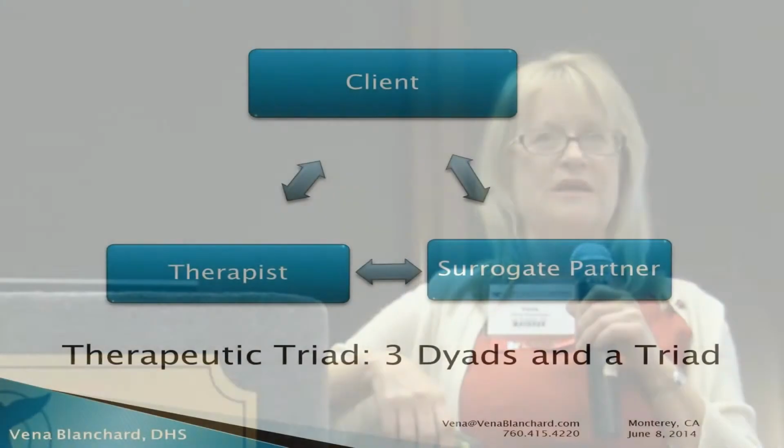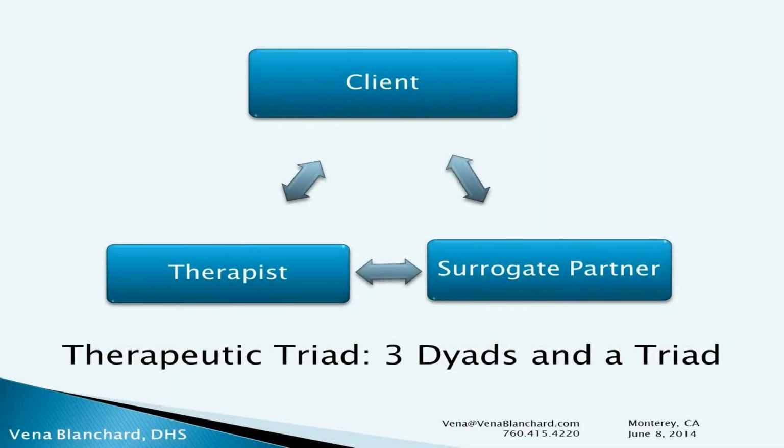Client contacts therapist, and if appropriate, the therapist refers the client to a surrogate partner, and they become a therapeutic triad, relating to each other for most of the therapy in dyads.